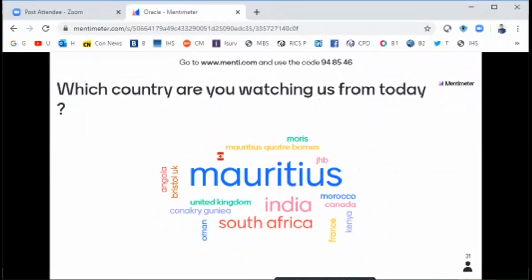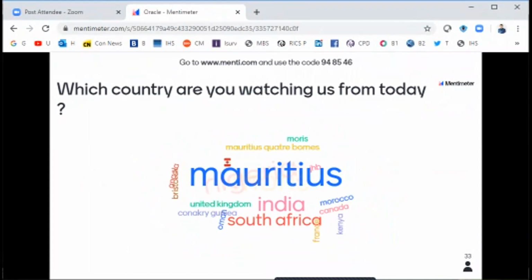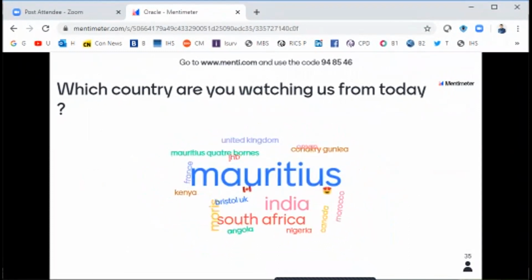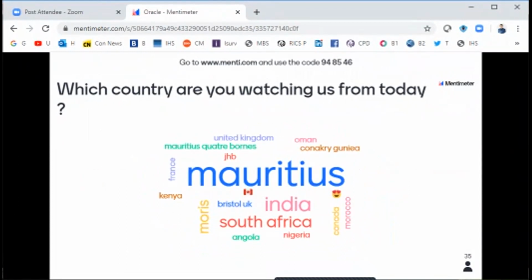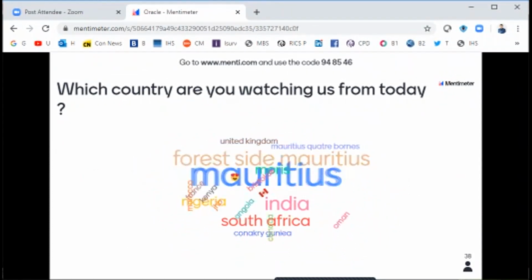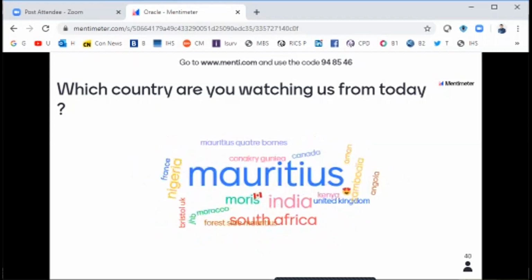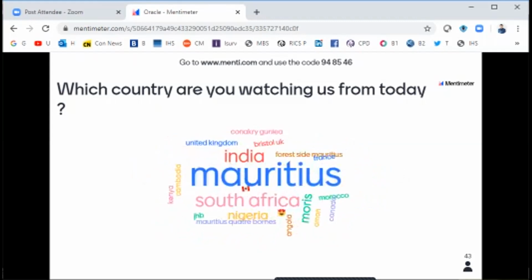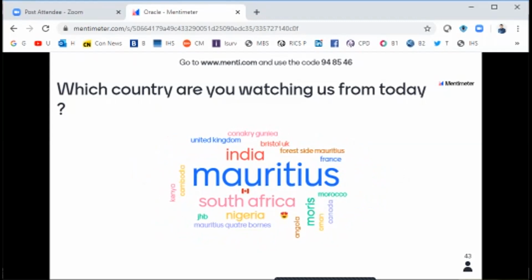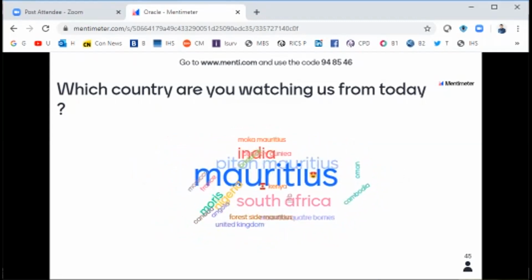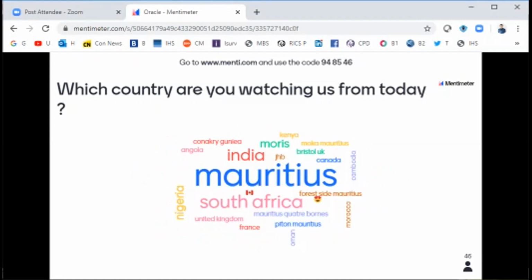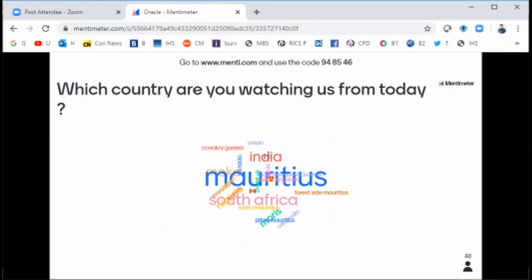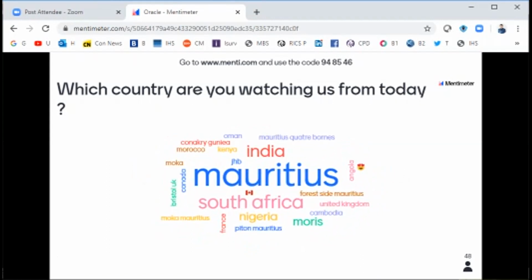So it'd be good to see. We've got people from France, Kenya, Canada, Morocco, Oman, Angola, United Kingdom, Conakry, Guinea. This is from Bristol, UK. There are lots of colleagues from Mauritius as well, Cambodia. I'll give you about 30 seconds again. We've probably got people from different continents today as well, a colleague from Nigeria.